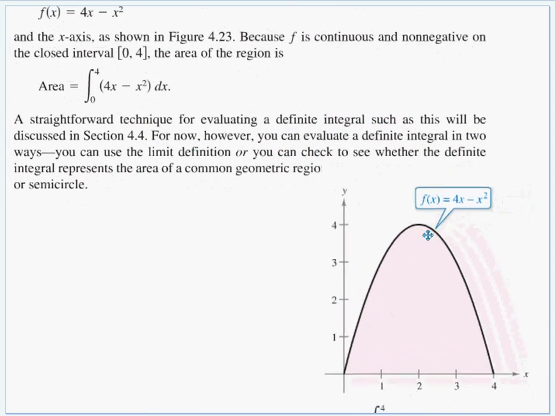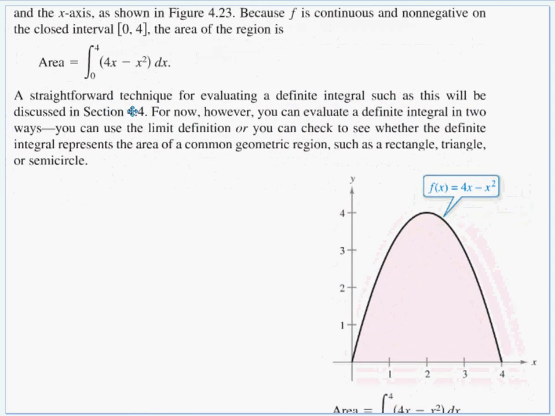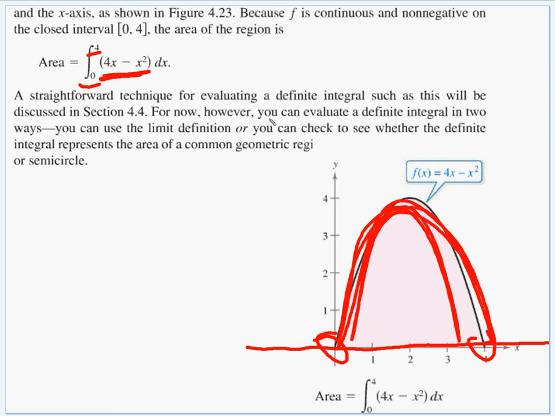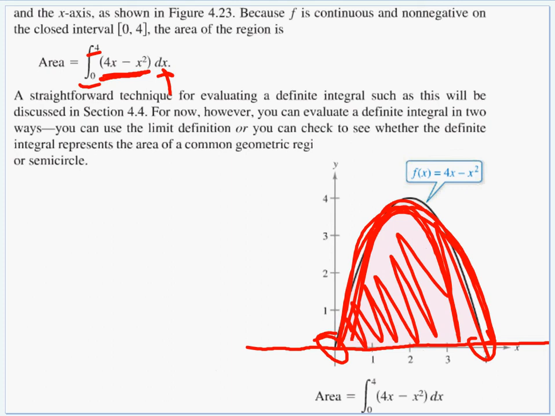So if we wanted to represent this area in the form of a definite integral, we are non-negative between 0 and 4. So our lower limit and upper limit, 0 to 4. And then here is our function, 4x minus x squared, our downward opening parabola with respect to the x-axis. So that represents that area.